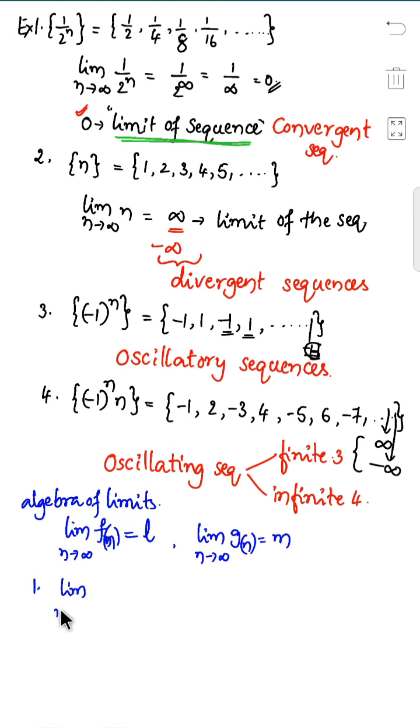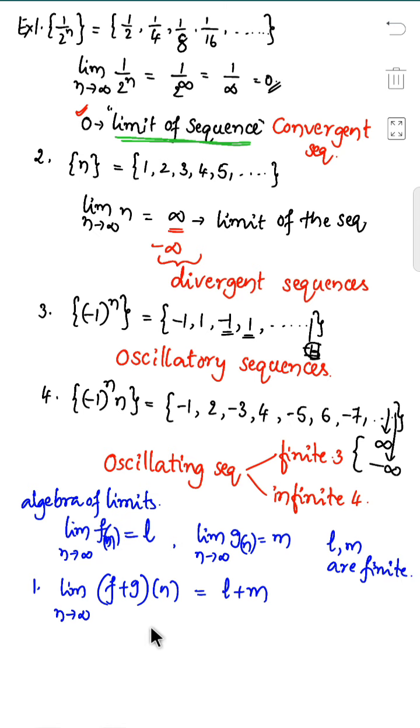The limit as n tends to infinity of (f plus g)(n) goes to L plus m, if L and m are finite values. Similarly, (f minus g)(n) approaches L minus m.